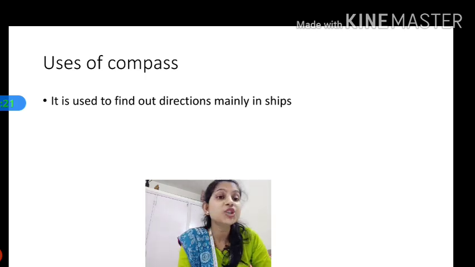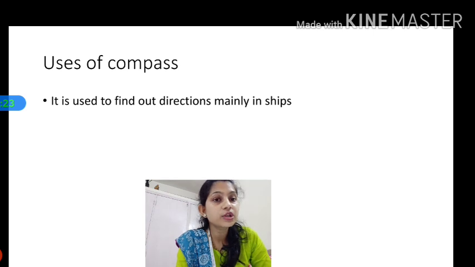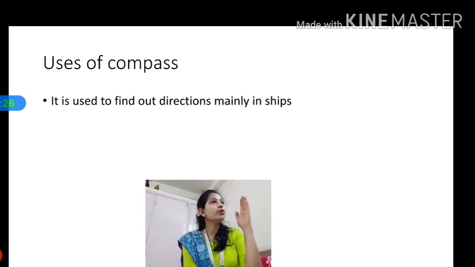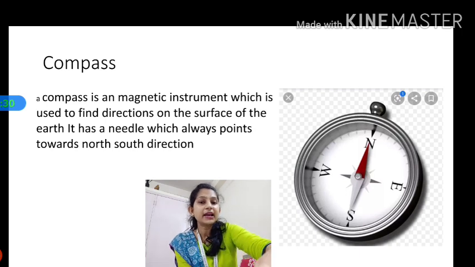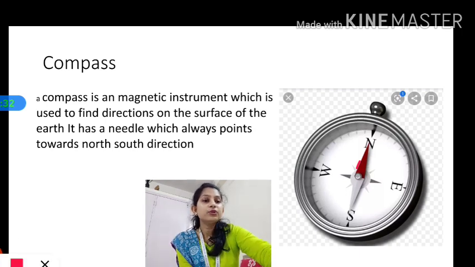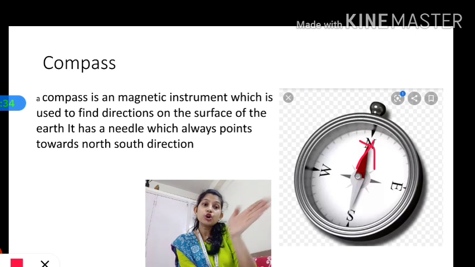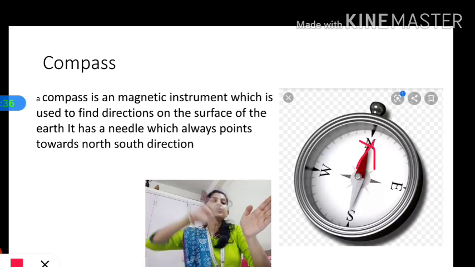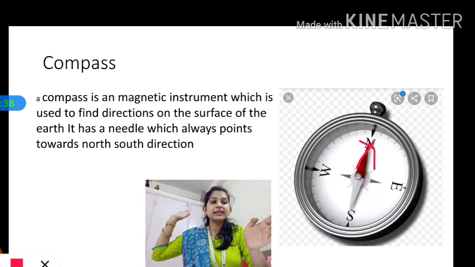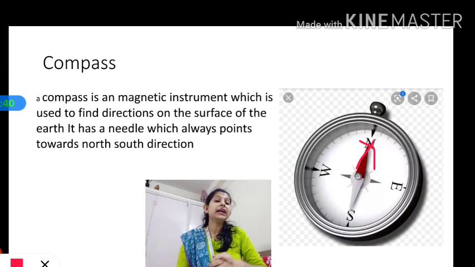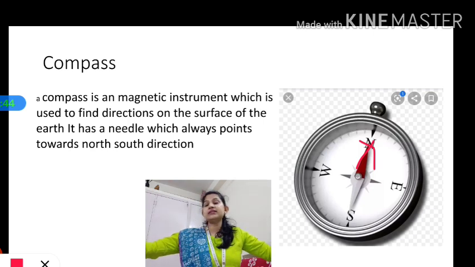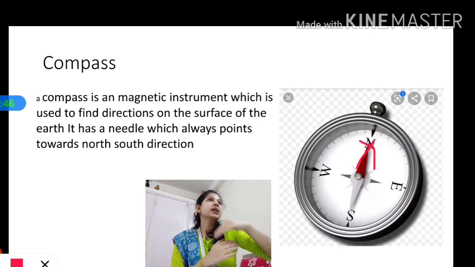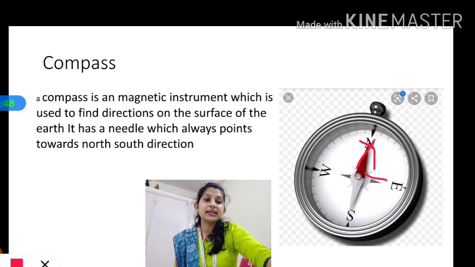Especially in ships, they use compass to find direction. If you know that this particular direction is north, then the opposite one will be south, isn't it? And we also know that our right hand is south and left hand faces north. That means this one will be east here, and the opposite of east will be west.